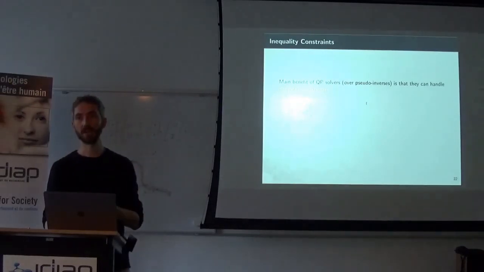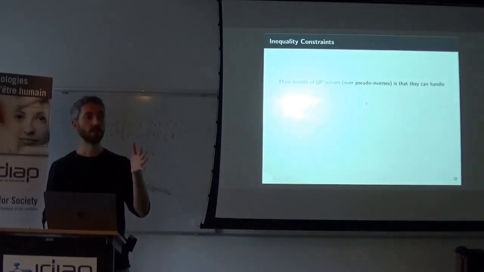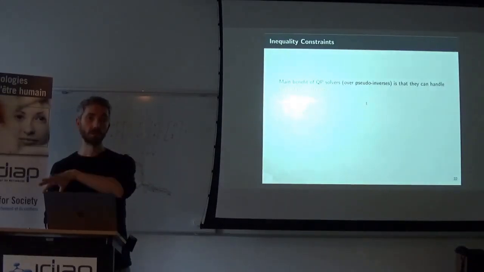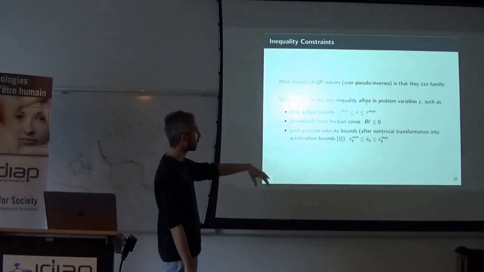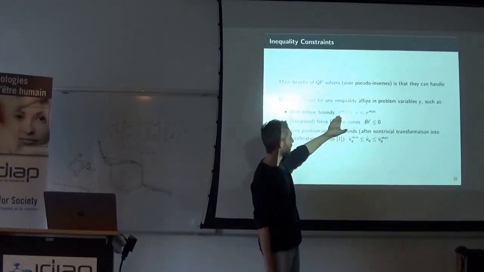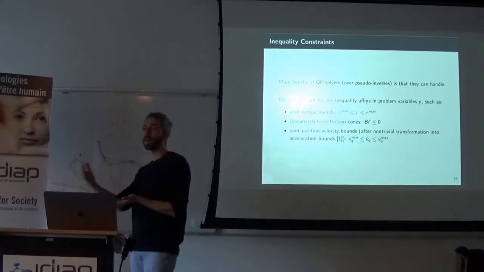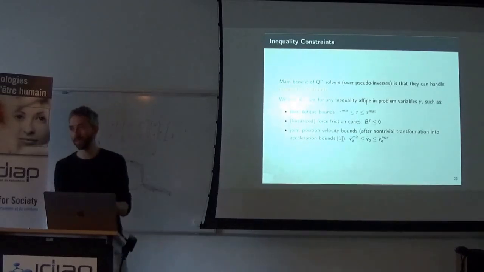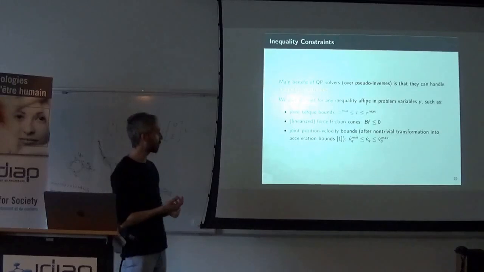And inequality constraints are extremely useful because they allow you to represent the bounds that are acting on your system. So for instance, you can represent the joint torque bounds. Your motors are going to have a maximum torque that they can generate and a minimum torque. You can include that inside the optimization problem.